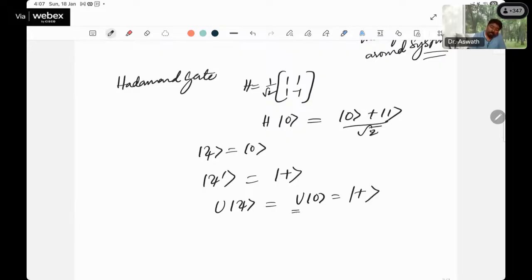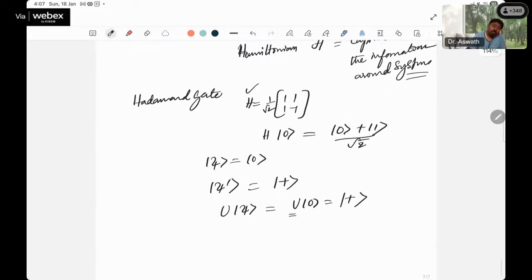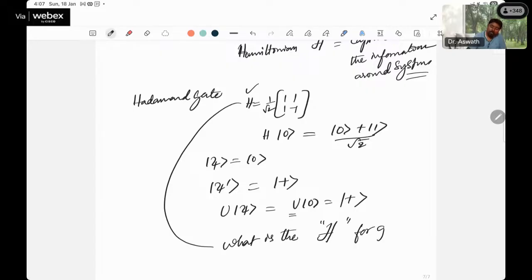So what is the unitary operator? The unitary operator would have exponential of minus i Ht divided by h-bar. Now for the Hadamard gate, you have to find the corresponding Hamiltonian. The question is, what is the Hamiltonian for a given gate, here in this case the Hadamard gate?